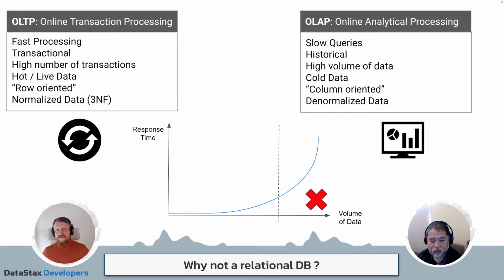On the other side of the field, there is online analytical processing. Online analytical processing is a job done by analysts in our e-commerce platform. They usually want to explore all the data and understand customer behavior changes over months and months.